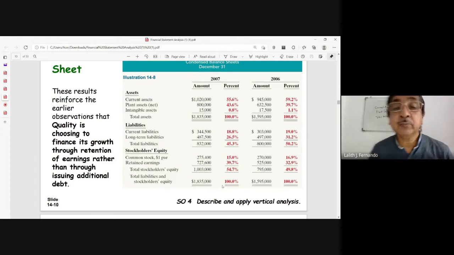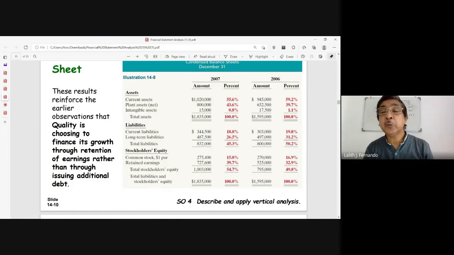Basically, if you look at the 2007 and 2006 balance sheet of this organization, in the assets you find 55.6% contribution of current assets in the total assets in 2007. Whereas if you look at 2006 percentages, you have 59.2% contribution of current assets in the total assets.